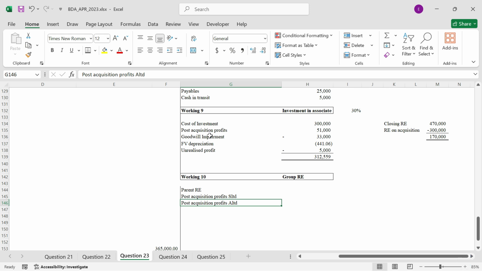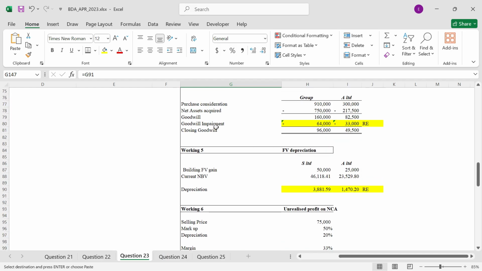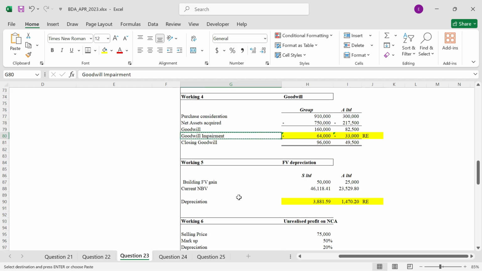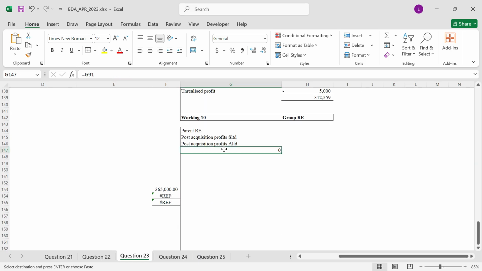We also want the goodwill impairment, so I'm copying from above. I have goodwill impairment in S and in A.